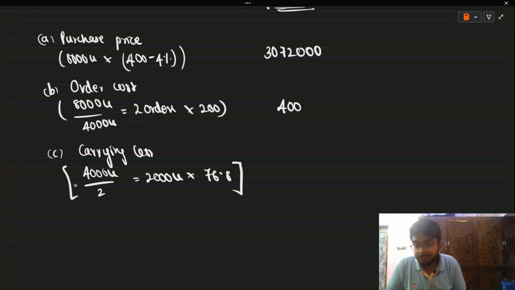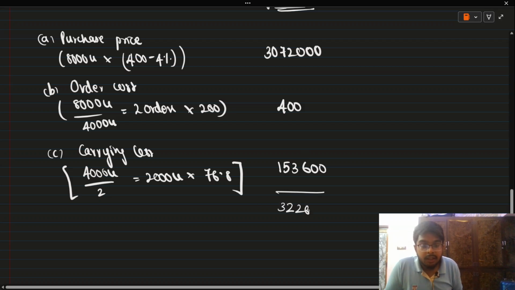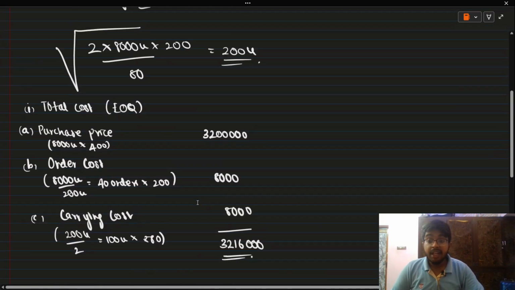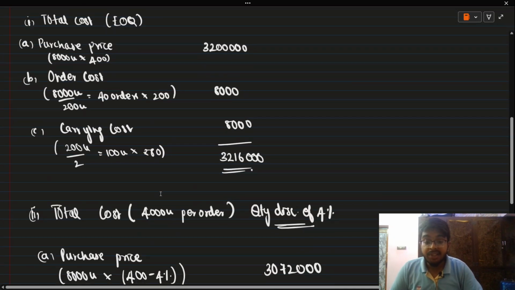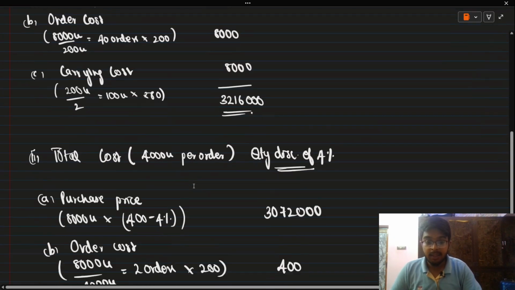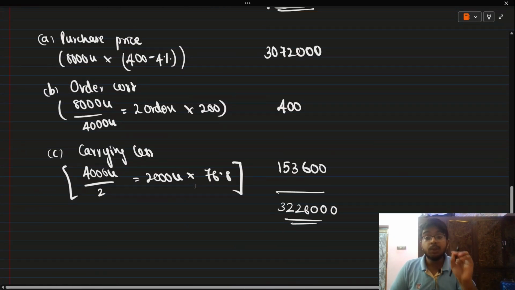Okay. 1,53,600 plus 400 plus 30,72,000. We will get 32,26,000. So when we are following EOQ, our total cost is 32,16,000. But when we follow 4000 units per order, it is 32,26,000.